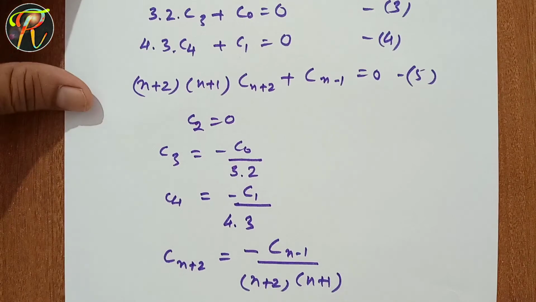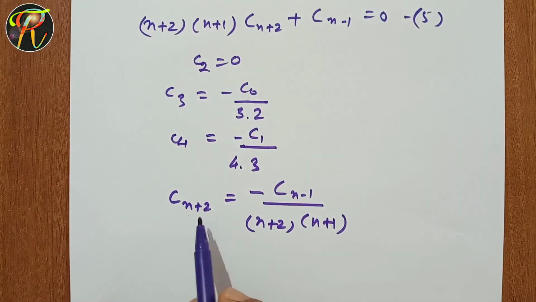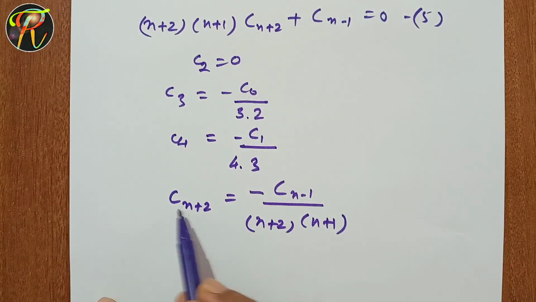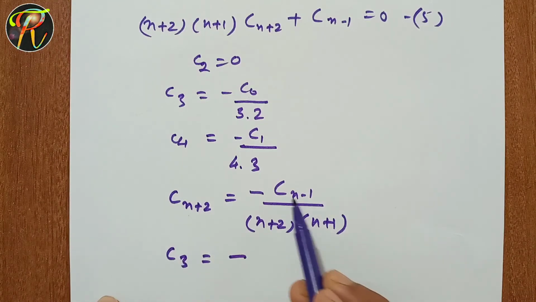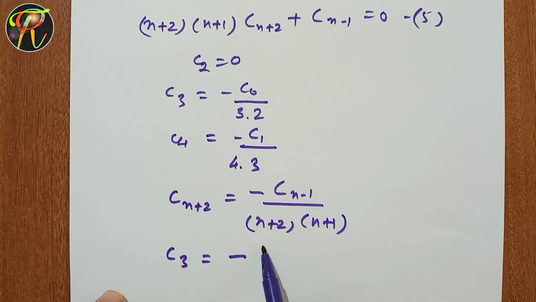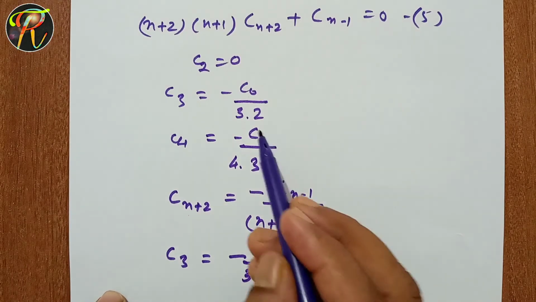Okay, so now from here if we put n is equal to 1, C3 is equal to minus C0 upon (1+1)(2+1), that is 3 into 2, which we have already calculated from here.